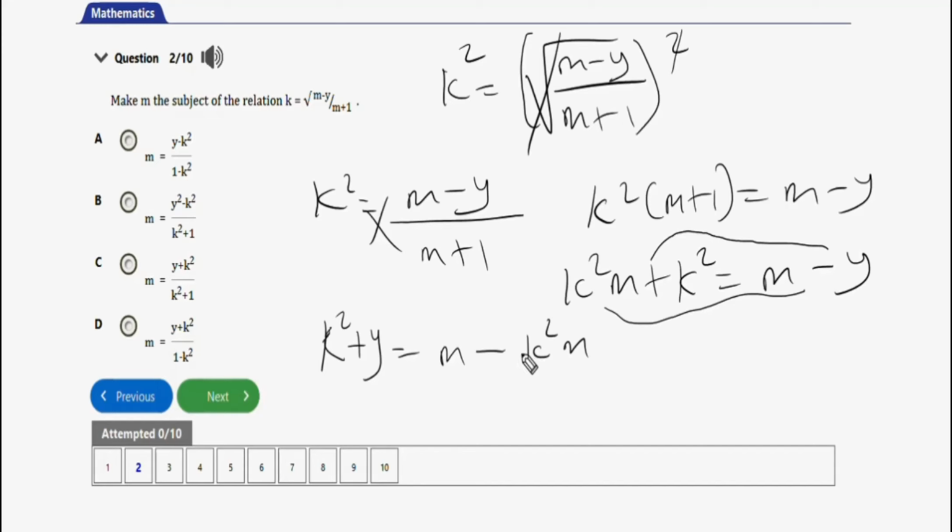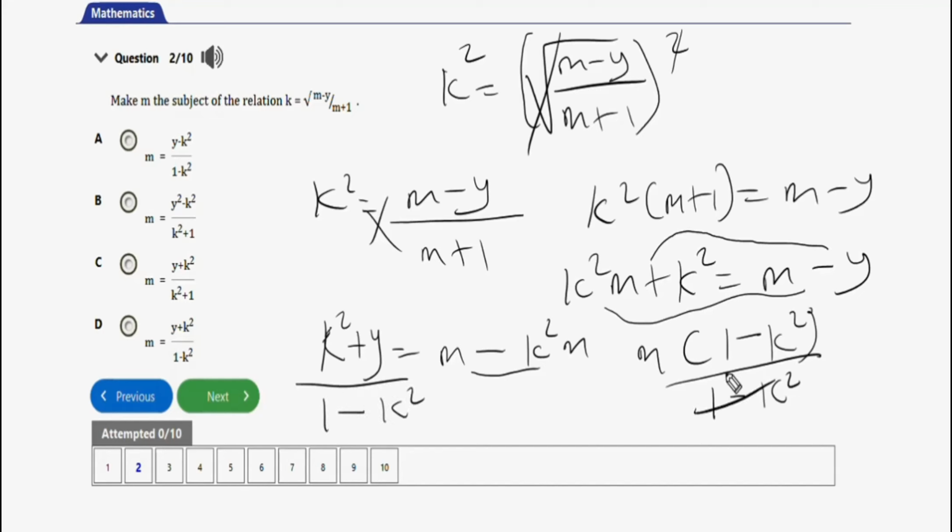Another way you can represent this is m in brackets (1 minus k square). At this junction, you divide both sides by 1 minus k square. So this will cancel this, and we are left with m equals (k square plus y) over (1 minus k square).